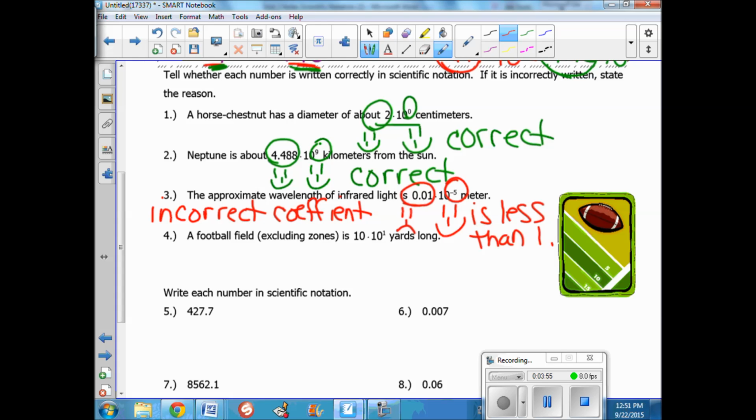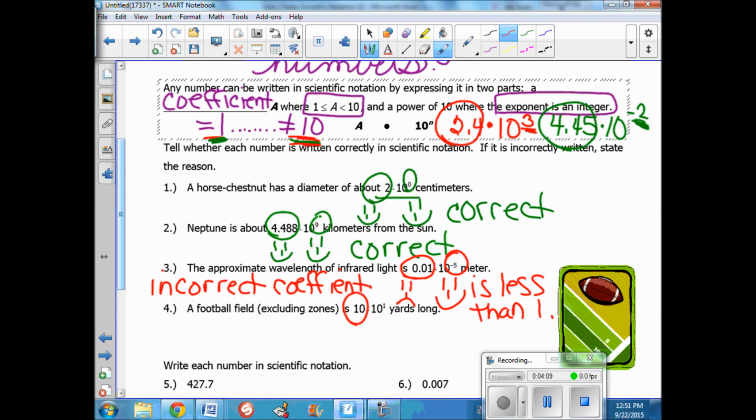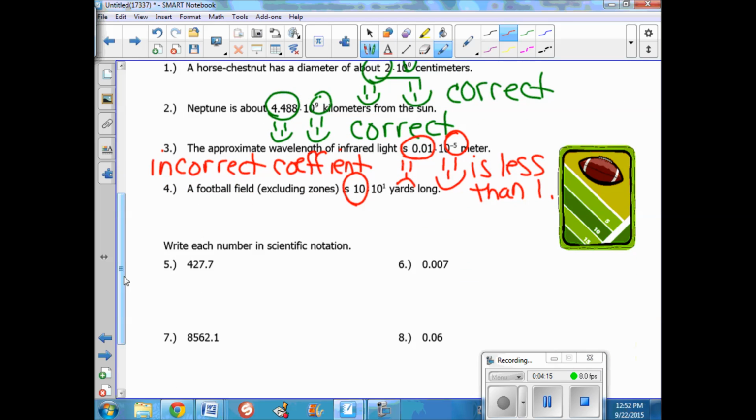What about the football field? 10 times 10 to the first yards long. So again, let's examine our coefficient. It's 10. It's equal to 10. Can our coefficient be equal to 10? Go back up here, and it says it cannot equal 10. But let's keep going till that gets a frowny face. Let's look at 1.